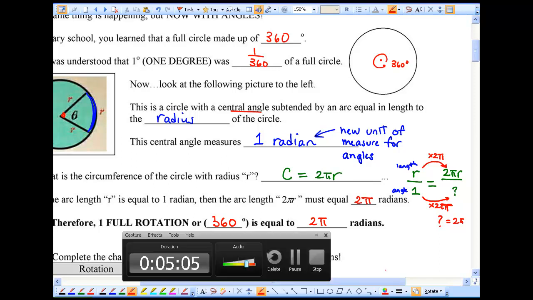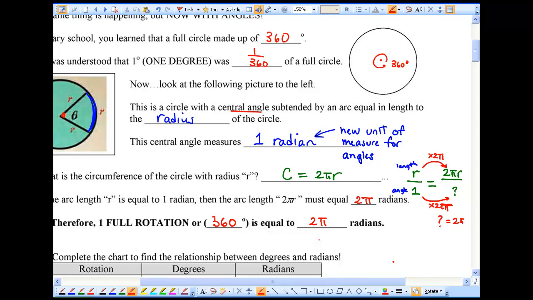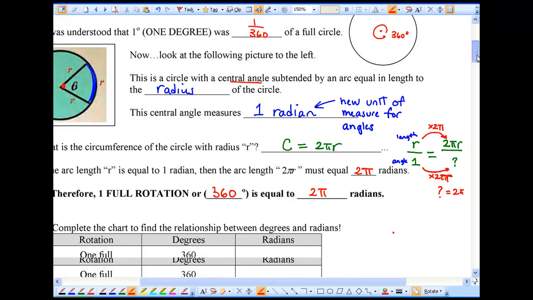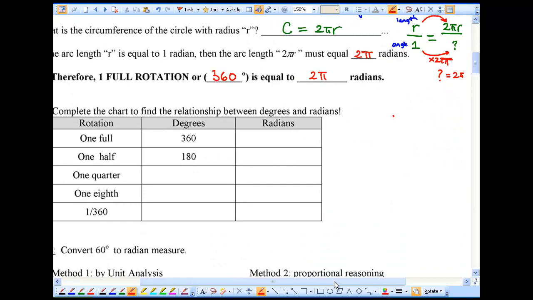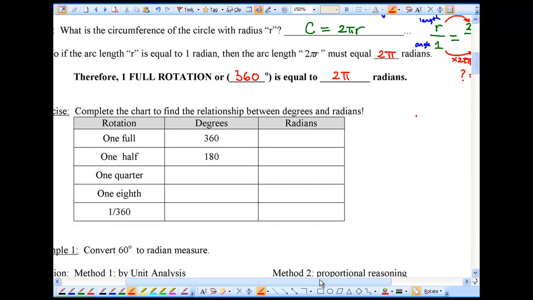Alright, so let's keep going. I want you now to complete this table, please. One rotation, 360 degrees, that's 2 pi radians. Half, of course, so half of 360 would be 180. Half of 2 pi would be then just pi.